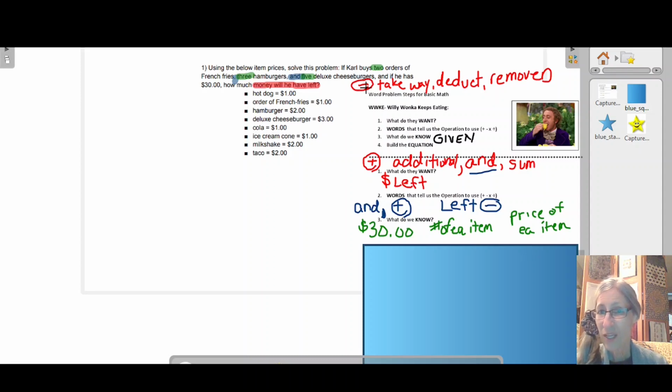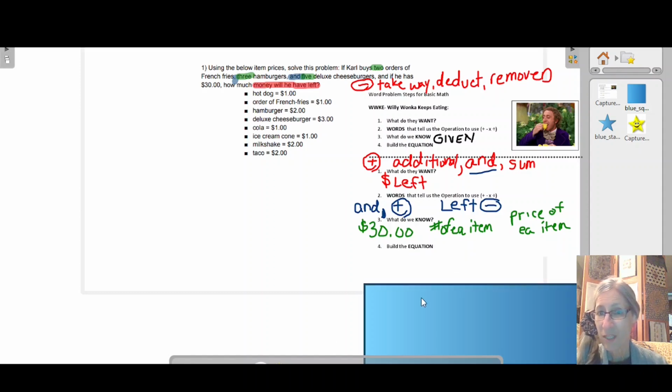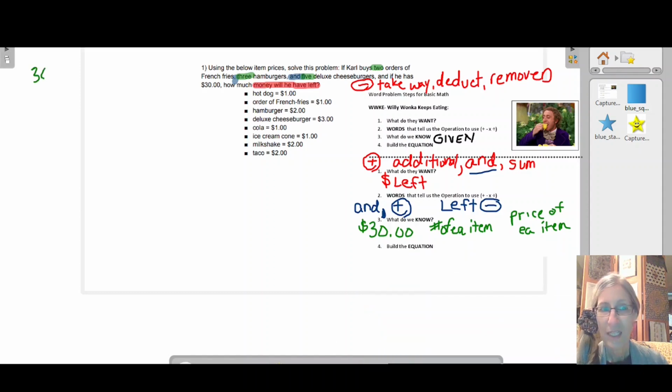So now let's go ahead to number 4 here and build our equation. If he started with $30 and then he spent a lot of money, would spent be addition or subtraction? Yes, it would be subtraction.